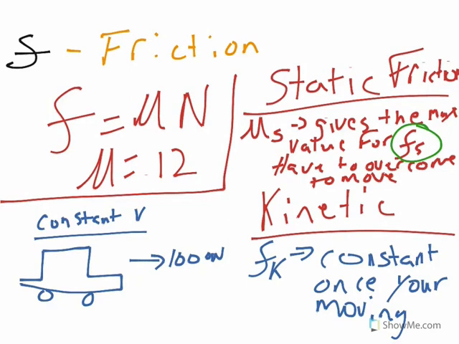Well, if it's going at a constant speed, you should remember that the acceleration is 0, and if the acceleration is 0, those forces should cancel out. So the friction force on this car should be 1,000. Since the car is already moving, the friction force is just 1,000 in the problem, regardless of what else happened. So if you need the friction force to solve another part of the problem, you would just go with 1,000 newtons, whatever it was to begin with.